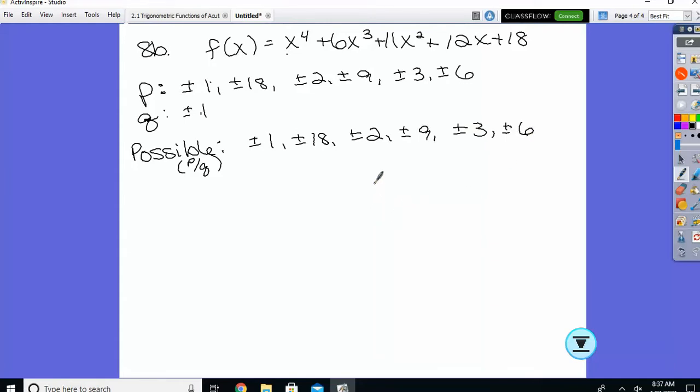Then what do we do? Exactly. We have to find one that is a true zero. So you can use your graph to narrow it down. Graph this and look at where it crosses the x-axis so we know its starting point.